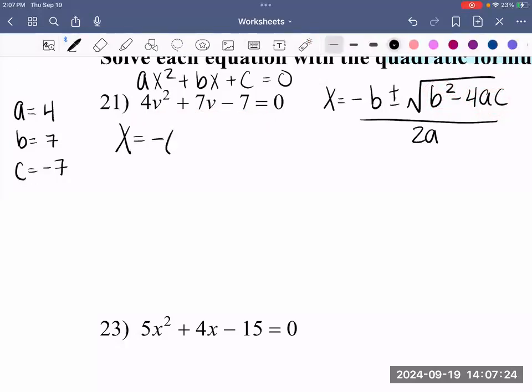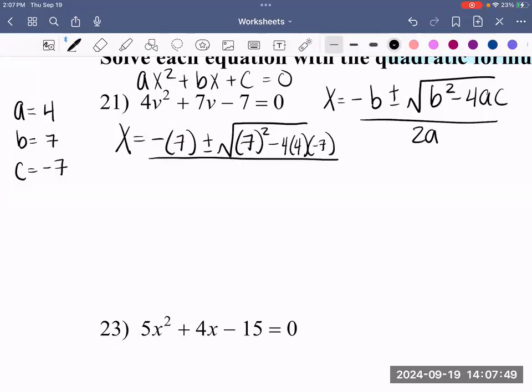So you have negative b plus or minus the square root, and we're going to put b here, which in our case is 7, into parentheses, just because if it were negative, it does change things considerably. We have minus 4 times your a times your c all over 2 times a.